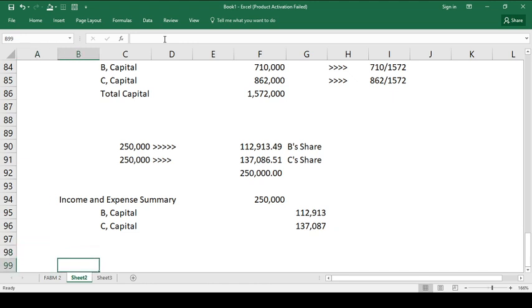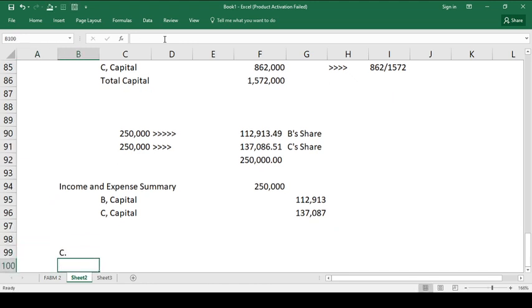How about on the C na assumption, if meron pong arbitrary ratio na 2:3, or there is an allocation of 2:3 na ratio, yung sinasabing arbitrary ratio.